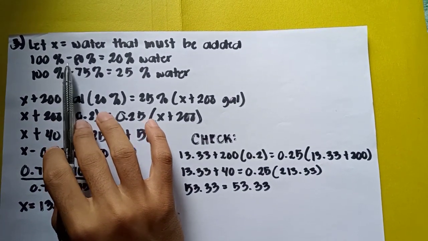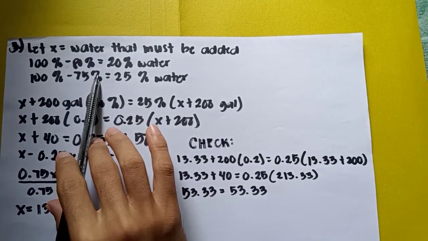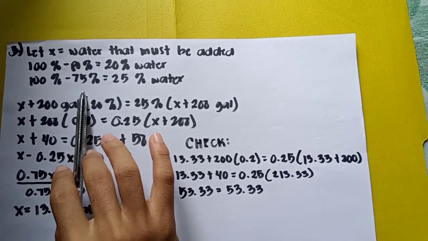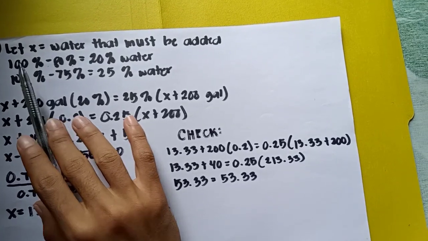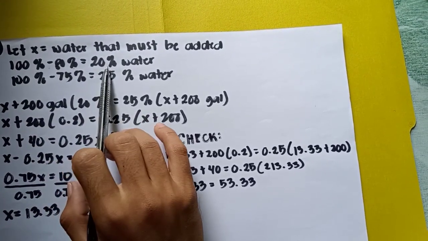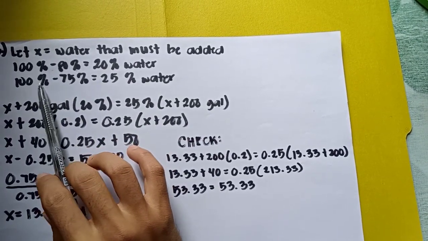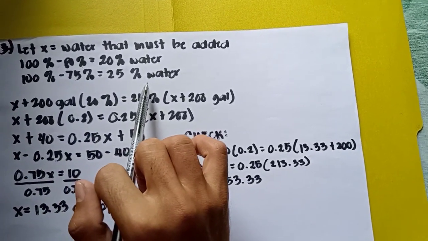We have our 80% alcohol and then 70% mixture. So we will subtract 80% from 100%, so it will be 20% water, and subtract 70% from 100%, so it will be 30% water.